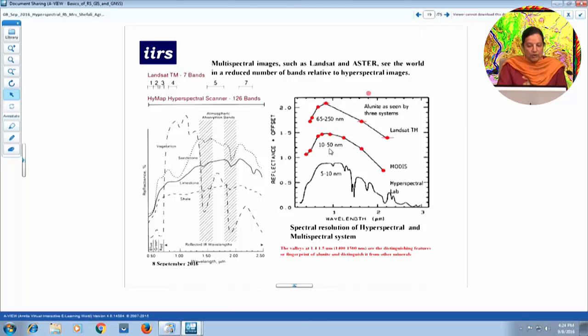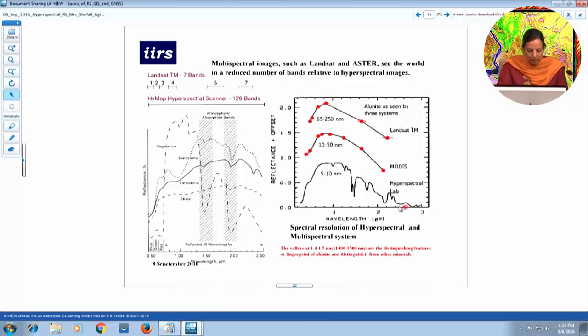Now if you look at this spectral profile, this vegetation spectra, there is reflection and there are also zones where there is absorption. In this curve, which is more generalized with Landsat, a lesser number of wavelength bands, or MODIS, these peculiar absorption zones are missing. They are not captured.